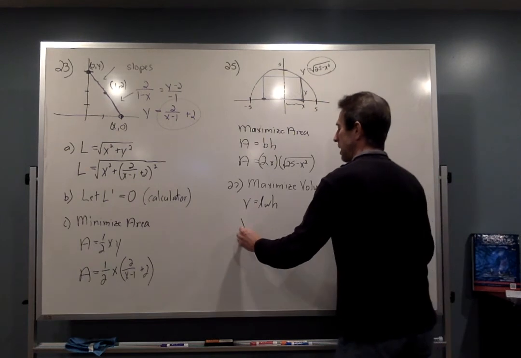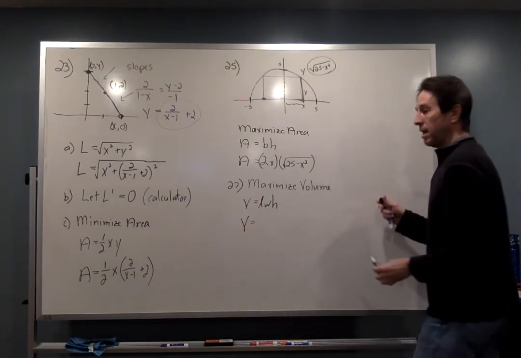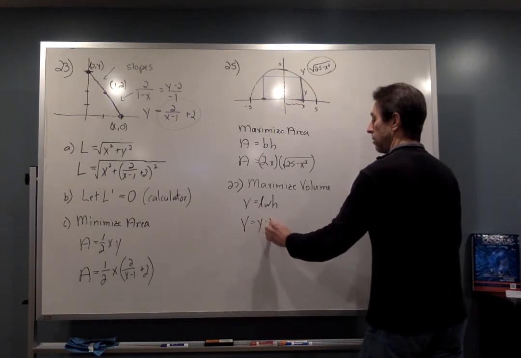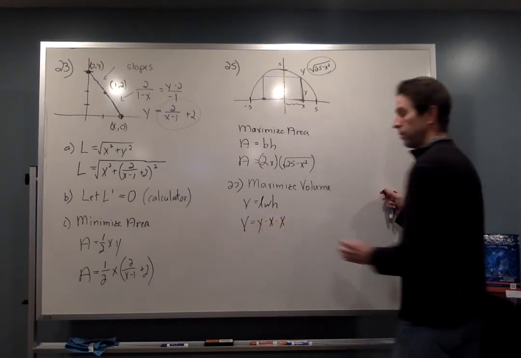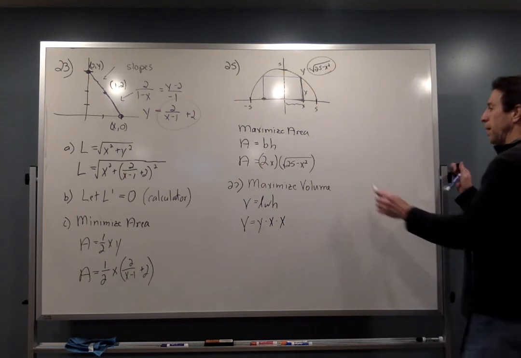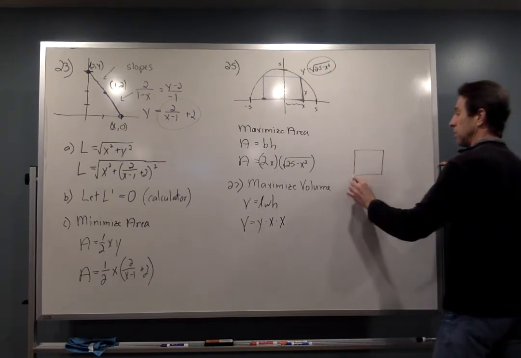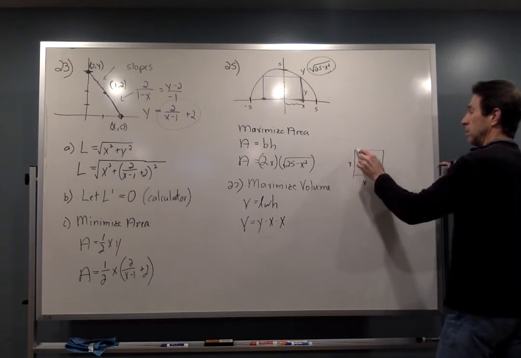If you look in the text, you will see that the length of this package is y, the width and height are both x. Because what we basically have is a box whose cross-section is kind of a square.